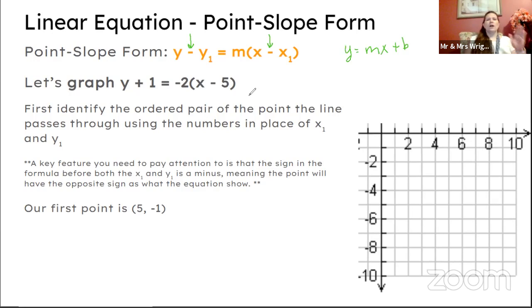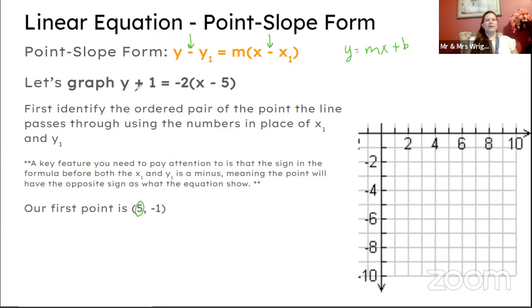When you're adding, you go to the right on the number line. If you're subtracting, you go the opposite way. You go to the left. So you're going to find the opposite of the x1 and the y1 numbers that you see there. Here we have a -5, so down here, in my ordered pair, I have a +5.